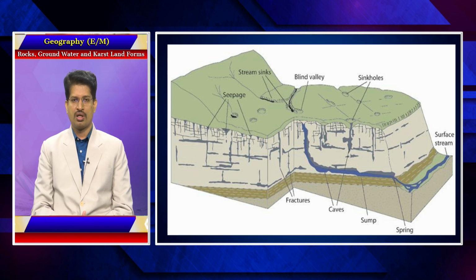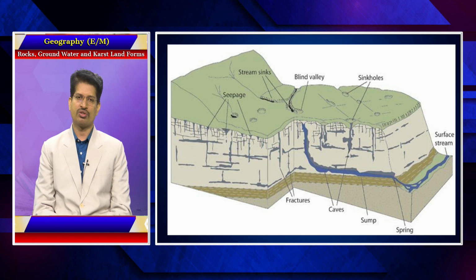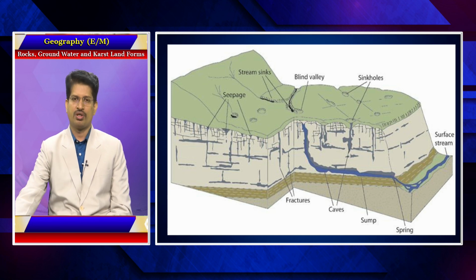The eroding and weathering nature of the flowing water continues beneath the ground and stops on the surface, and this abrupt stop of the flowing river leads to the formation of a blind valley. Blind valley is a landform feature of karst topography.